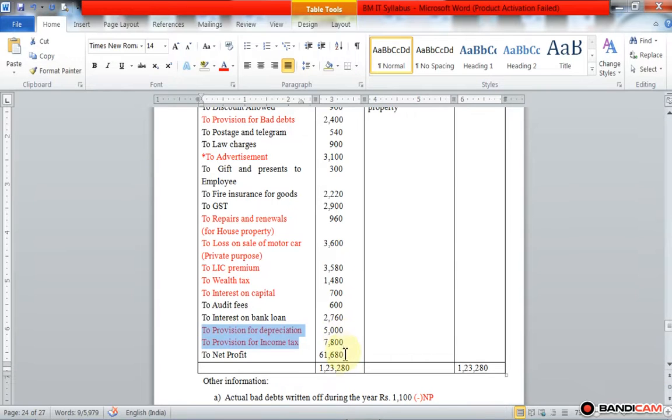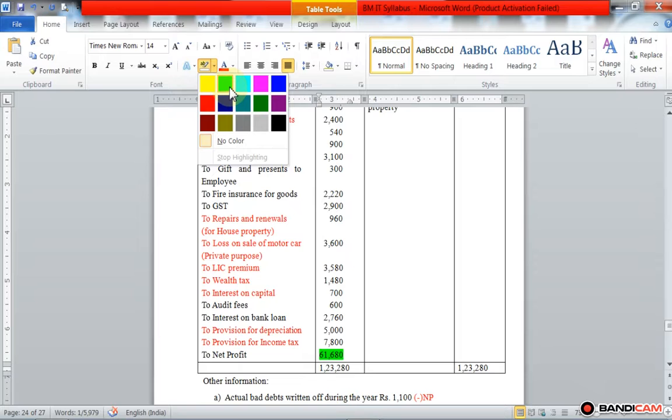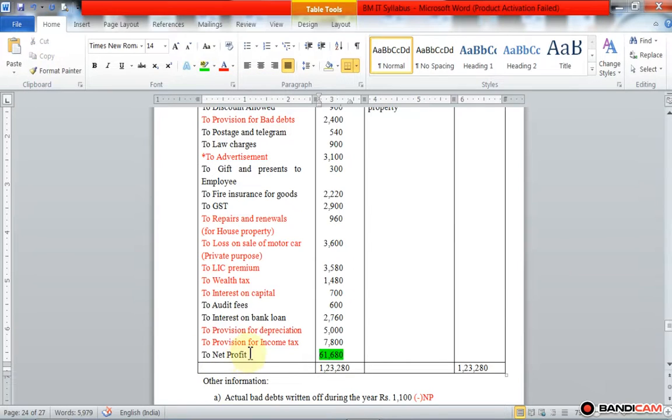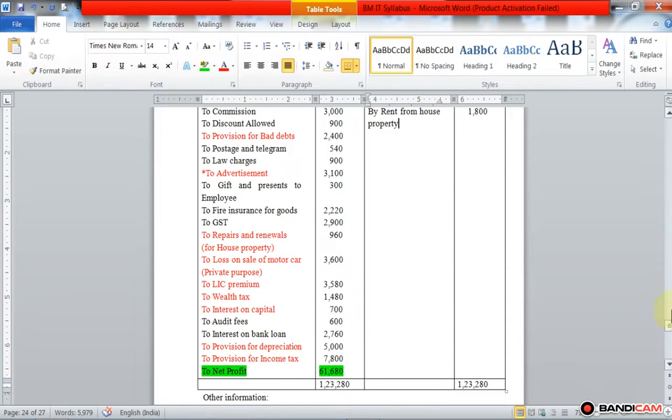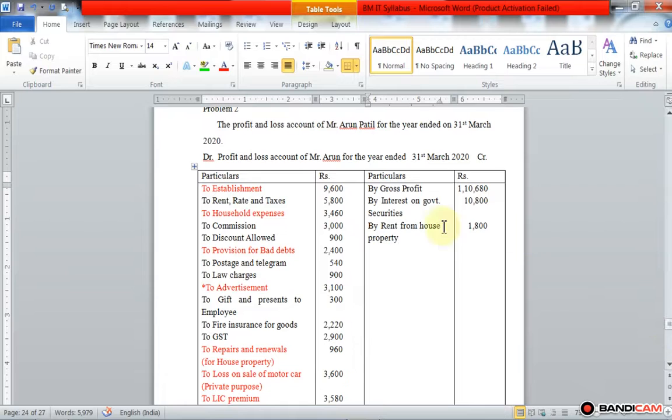Then net profit, which is very important in finding out the income from business. Here net profit is 61,680. Then the credit side: gross profit 1,10,680, and interest on government securities 10,800, which is income from other sources.